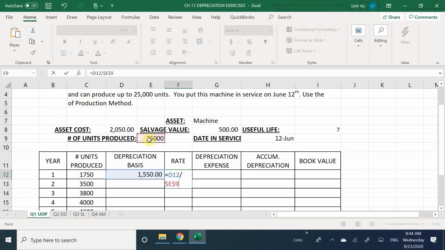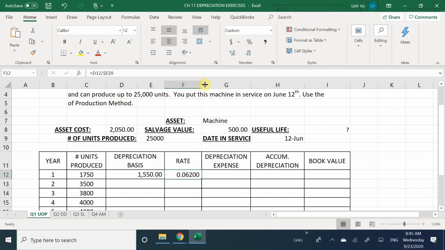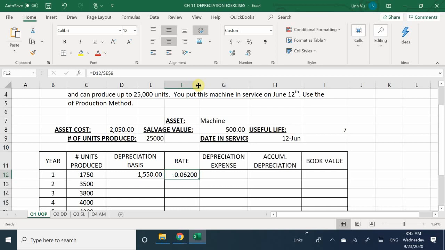And what do we get here? 0.082 something.